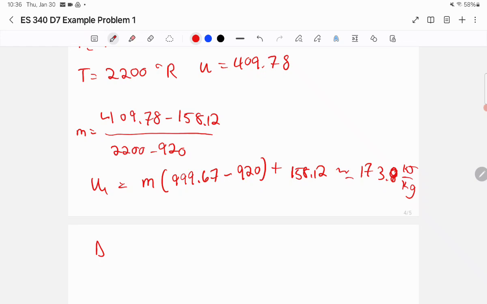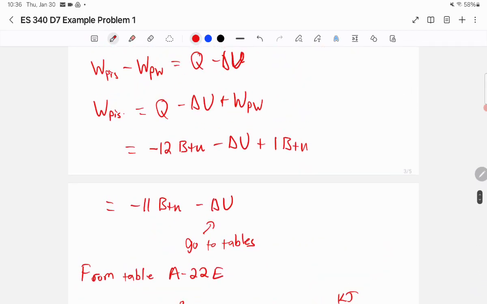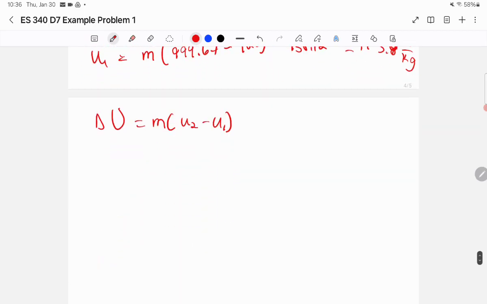So delta capital U has to be equal to m times u2 minus u1. And remember, we needed delta capital U to find W of the piston here. And this comes out, if you substitute everything in, the 0.324 pound and whatever, to be approximately minus 14.752, well, 14.8 BTU.